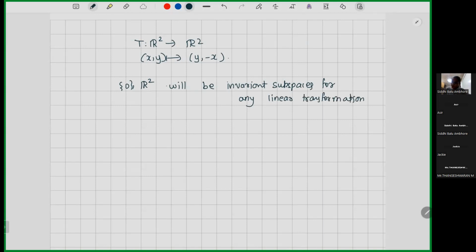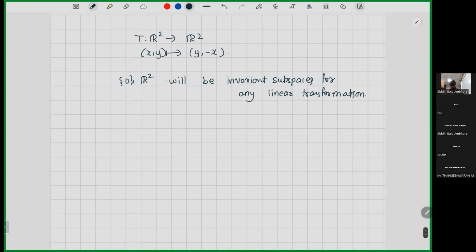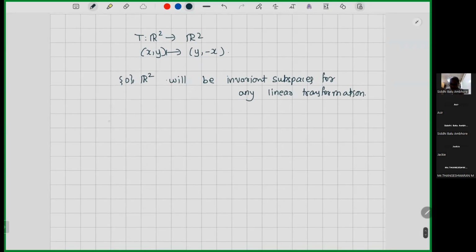But apart from that, this is a two-dimensional vector space. So apart from 0 and R2, there are only one-dimensional subspaces, and one-dimensional subspaces will be of what form? Something of this form, right? C times A comma B such that C is in R. So it is a multiple of some vector V. Let me write this: W is C times V for non-zero V equal to A comma B in R2.